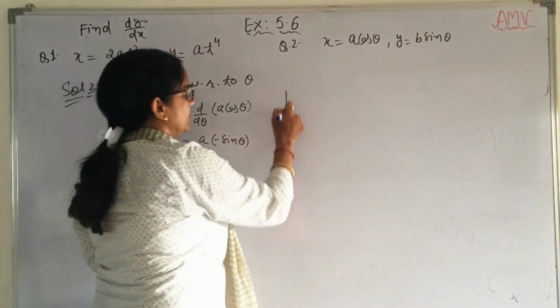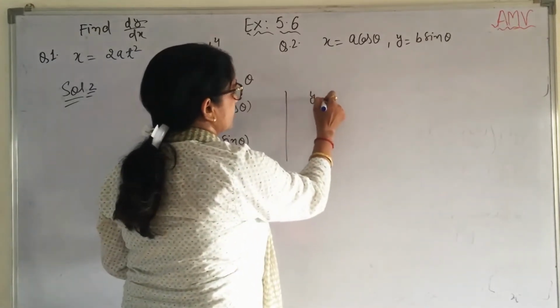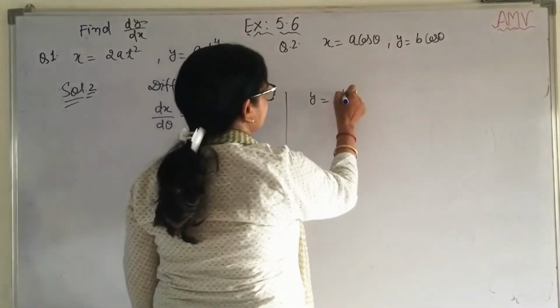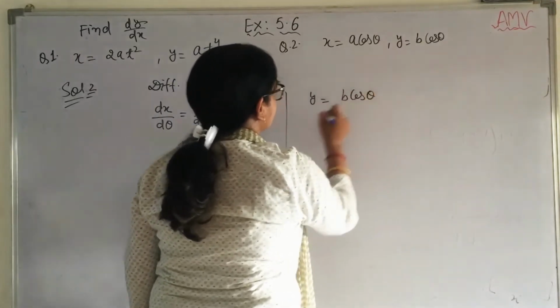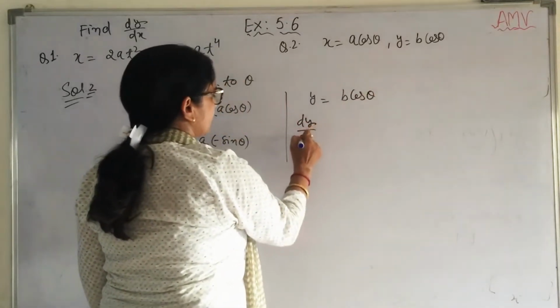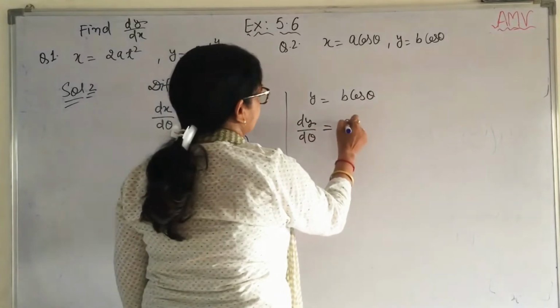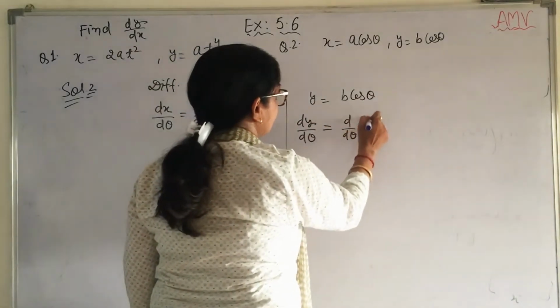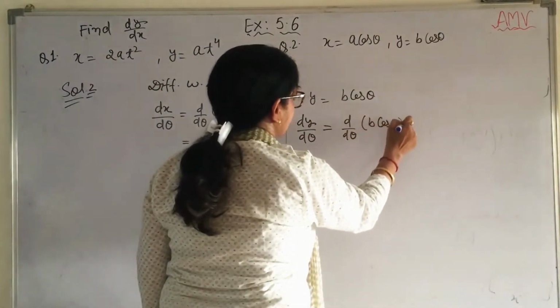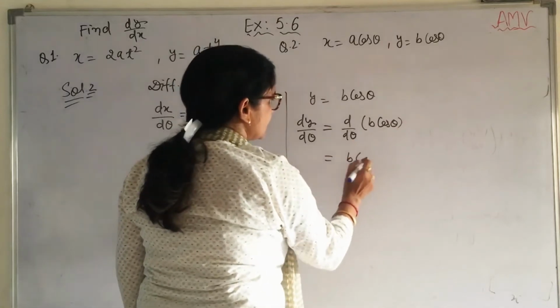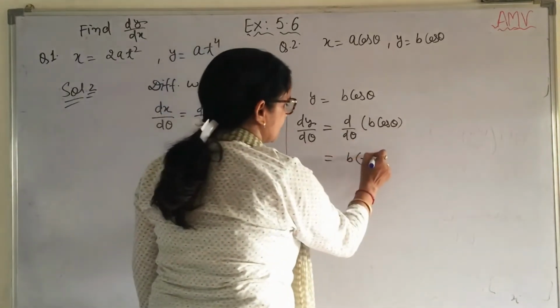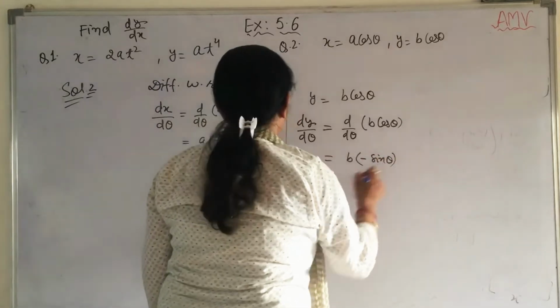Okay, and same for the y. y is equal to b cos theta and now dy by d theta, it is d by d theta of b cos theta. Now b as it is, derivative of cos theta is minus sin theta.